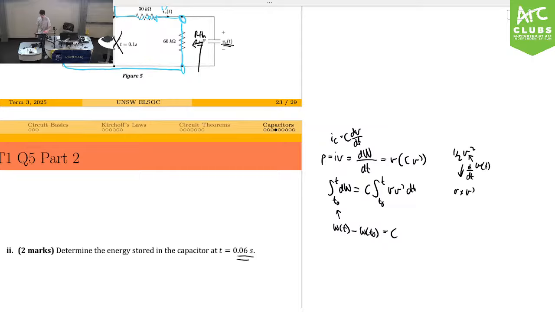So I know that this is going to be C times half V squared, but this is between t and t0.